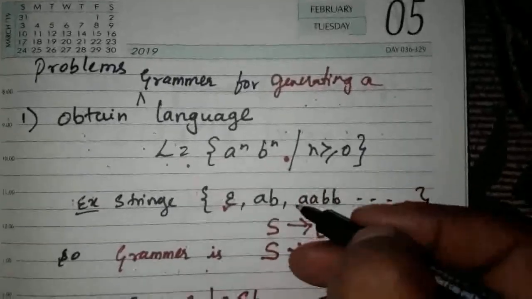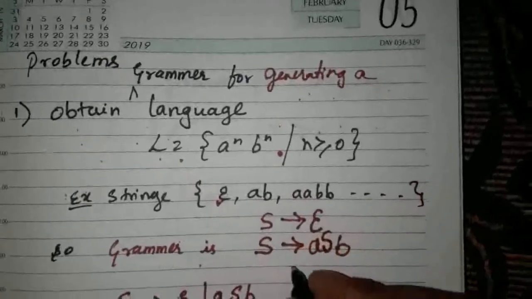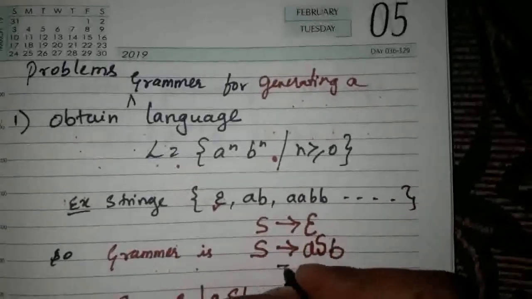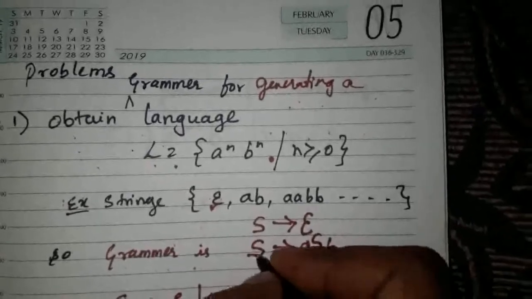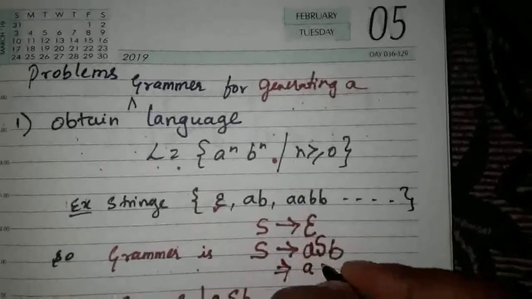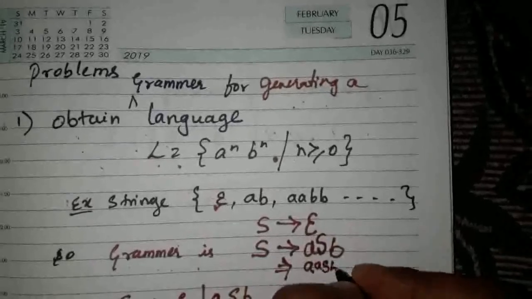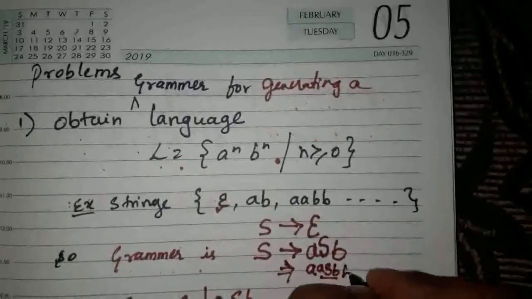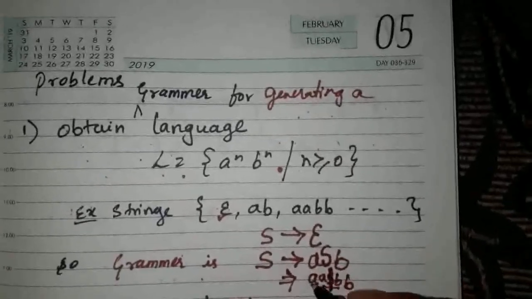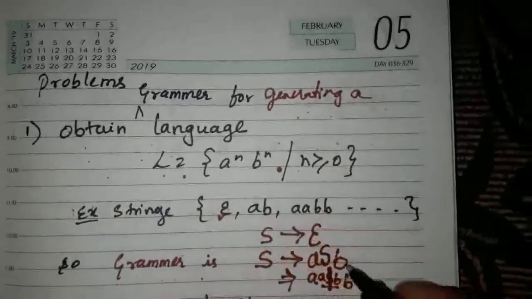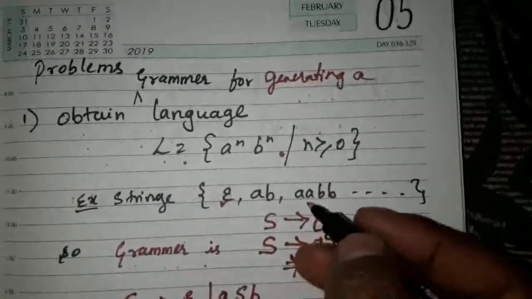If you want to go for double A and double B, look at the derivation. This will become A, and for S, I have the definition ASB, no? So I'll take ASB again and this B I'll keep as it is. Next time I'll take S as epsilon. So how many did you get? Double A double B. Suppose if I replace S with ASB a third time, I'll get 3.